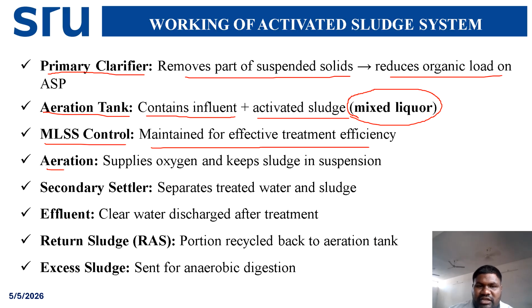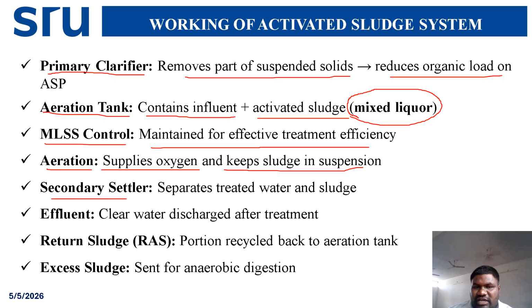Then next, the aeration supplies oxygen and keeps the sludge in suspension. Generally we are taking sludge that contains different bacteria. If it is settled at the bottom, it won't take the organic matter present in the wastewater. So it should always be in the suspended state. For that we are providing aeration to the tank.